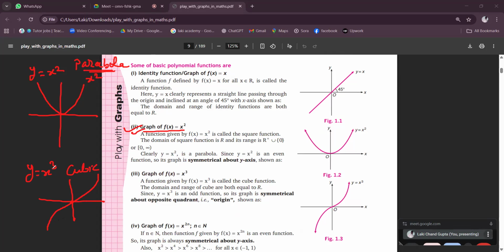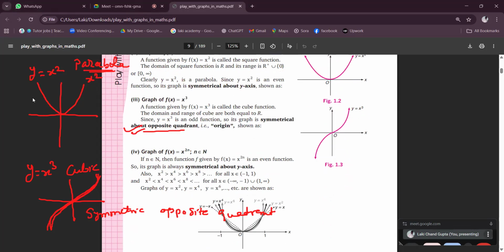Always remember, whenever x cube is there, then it goes from this part to this part. Very important. You can write this is symmetrical about origin, or you can say opposite quadrant. Noted?